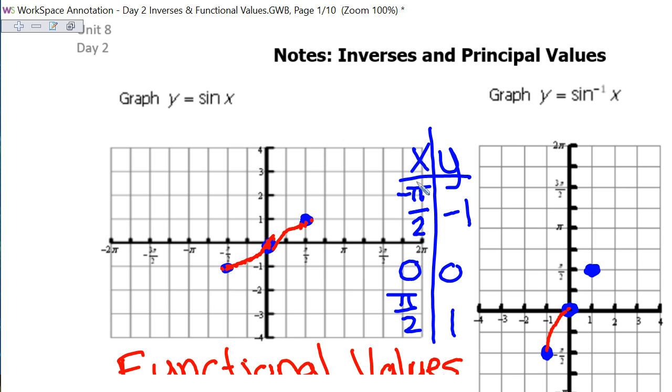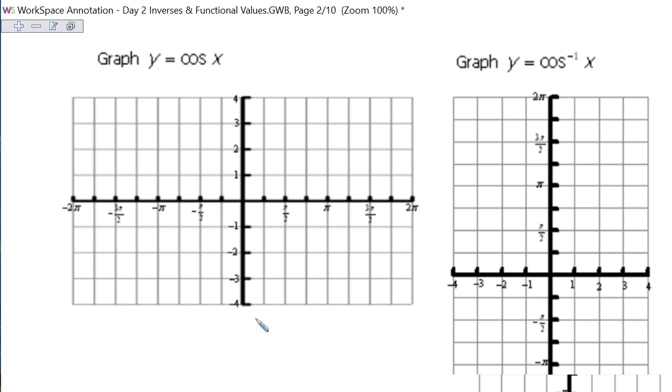Okay, now we're going to do the same process for cosine as well as for tangent. So for cosine, cosine starts at 0, 1. At pi over 2, it's on the x-axis. At pi, it's at negative 1.